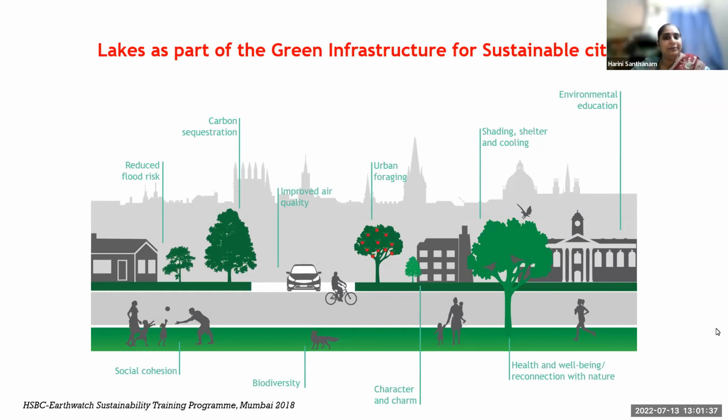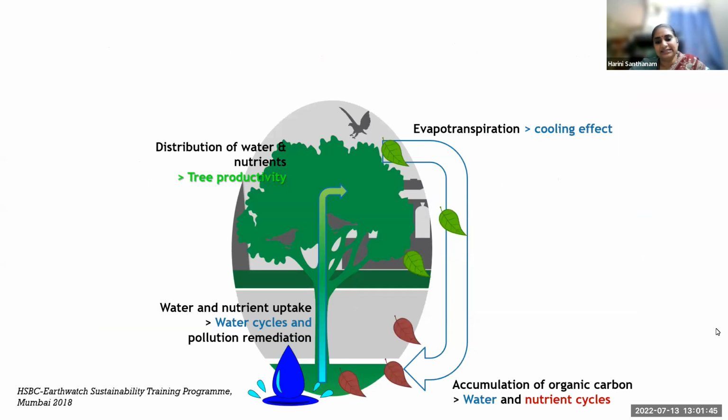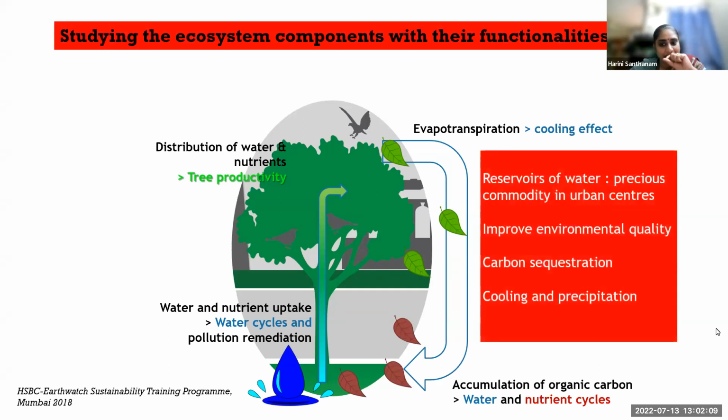It is not diluted, because there is no difference between basically our perspective of environment, even in an urban sense. So here you can say, from a typical point of view, as we have been seeing, the distribution of water and nutrients which contribute to the production, the uptake through the hydrological cycles, is also linked to what is known as pollution remediation. So this concept is another core aspect which helps us to understand that we have to understand the lake ecosystems here as reservoirs of precious commodities.